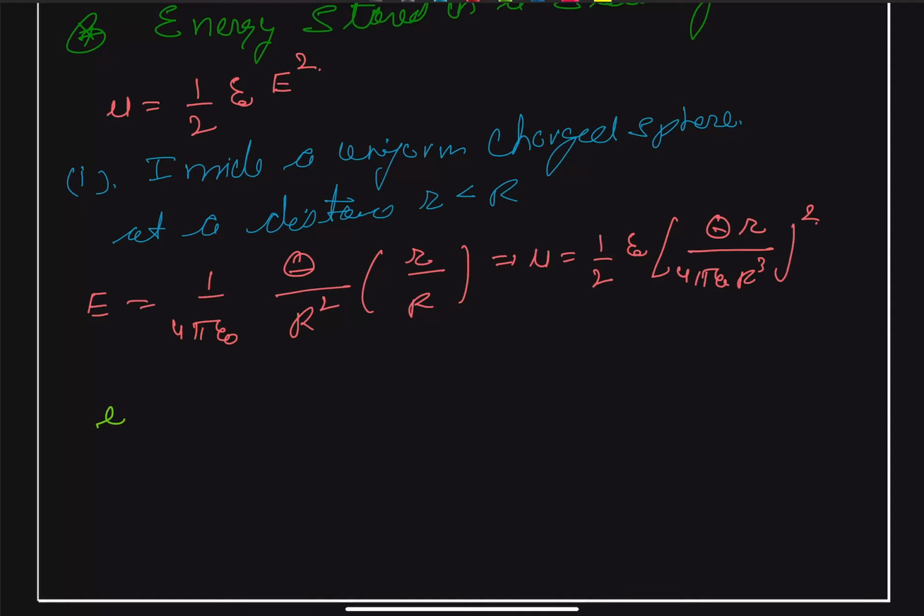So we can say our u will be equal to Q square r square upon 32 pi square epsilon naught square R raised to power 6.